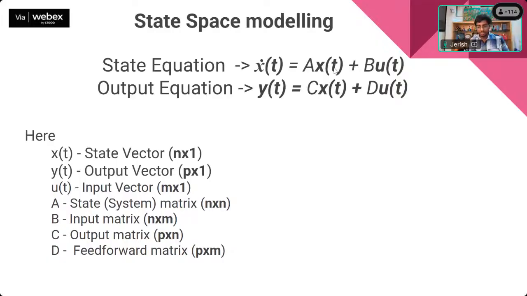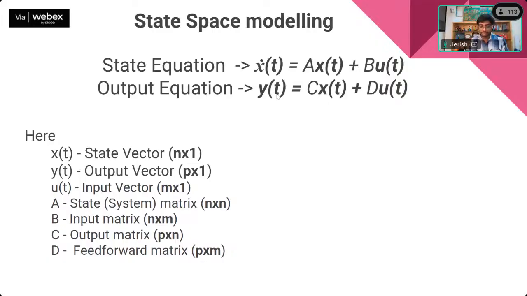Similarly, how the dynamics or the state varies with respect to time is mapped by the matrix called A. So here you can see that x, y, and u are the small letters, the vectors, and A, B, C, D are the matrices. This A matrix maps how your state is going to evolve with respect to time.